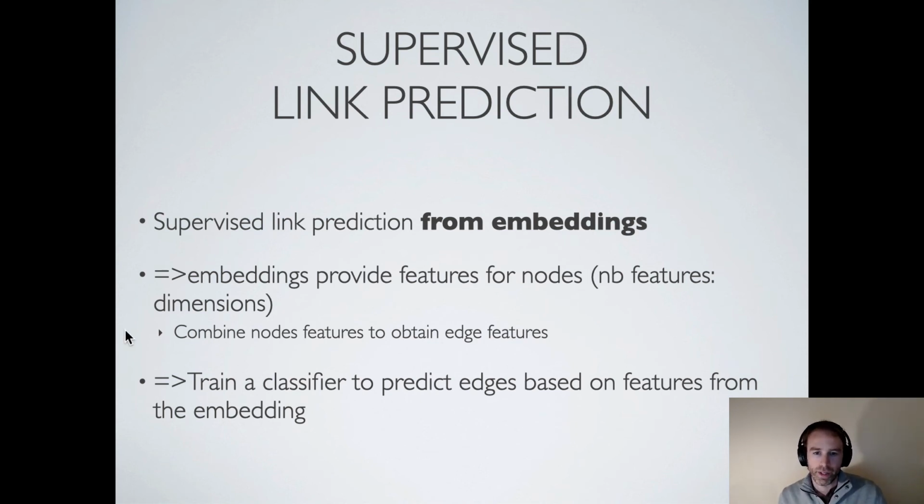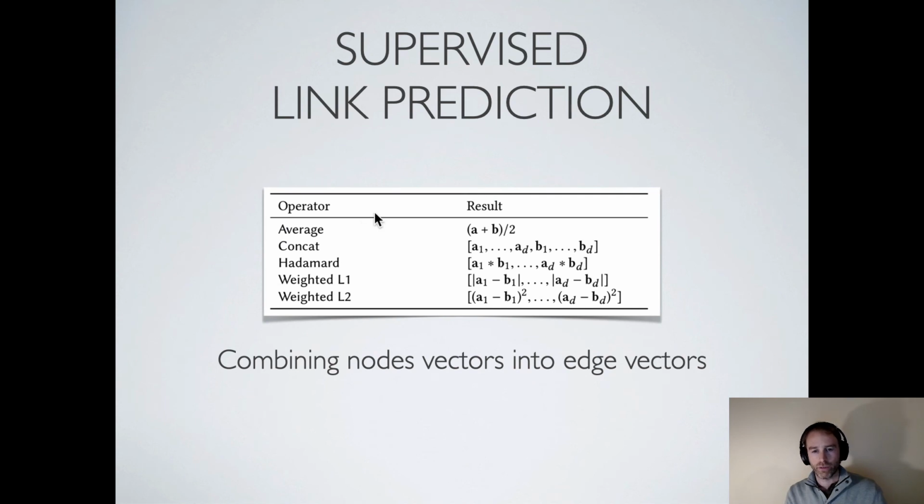So the problem is that until now we have computed vectors for nodes, and in this case we need features for pairs of nodes. And to compute these features for pairs of nodes, there are several ways to combine vectors of the nodes.